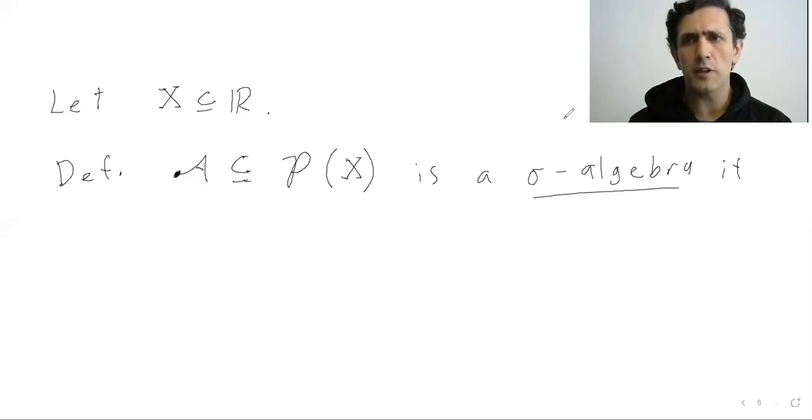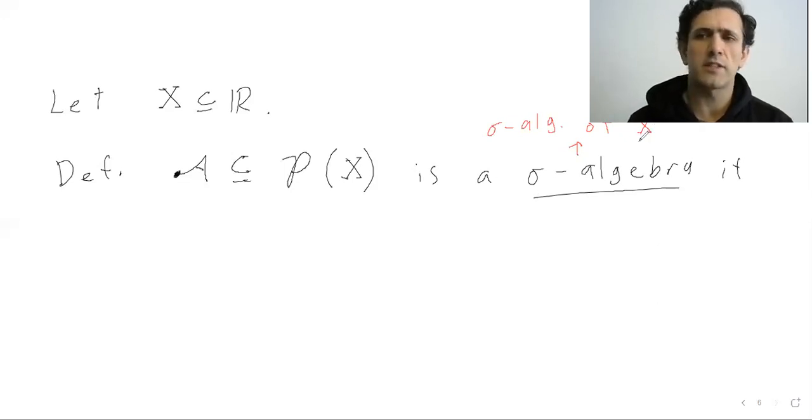I'll often say that this is a sigma algebra of X, or a sigma algebra of subsets of X, or if the reference to X is not really necessary, I'll just say it's a sigma algebra.